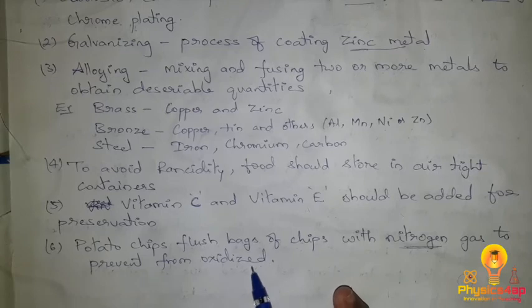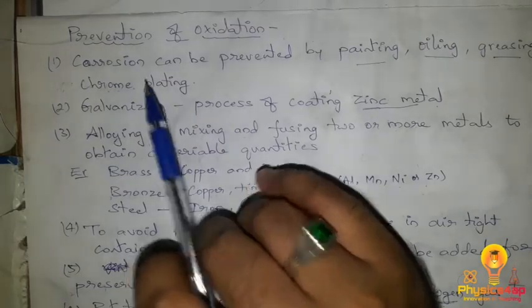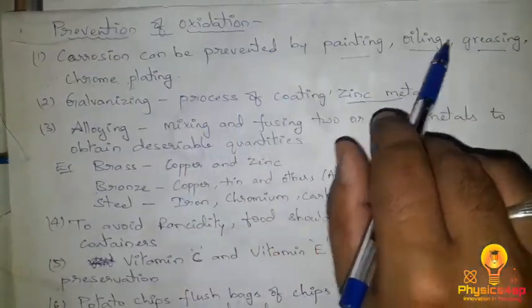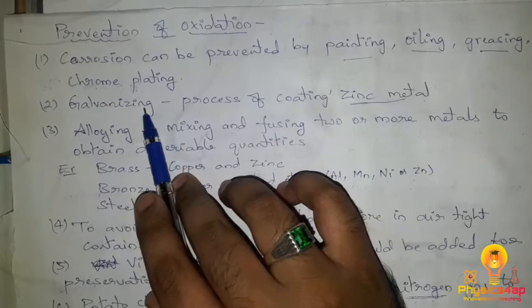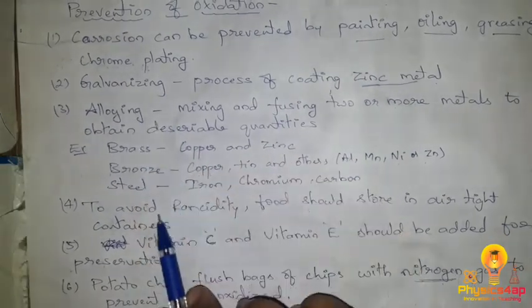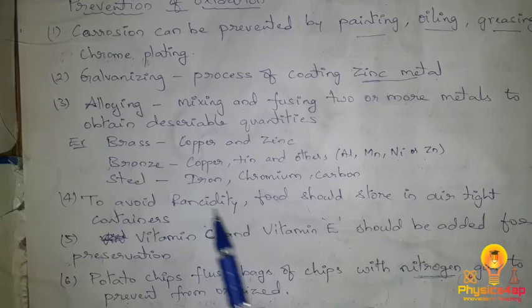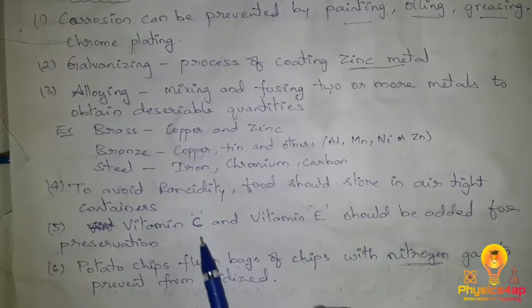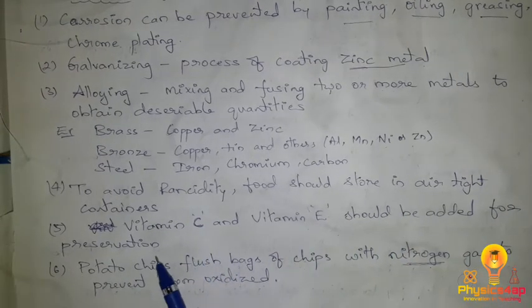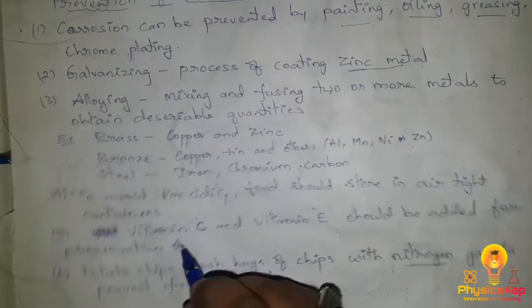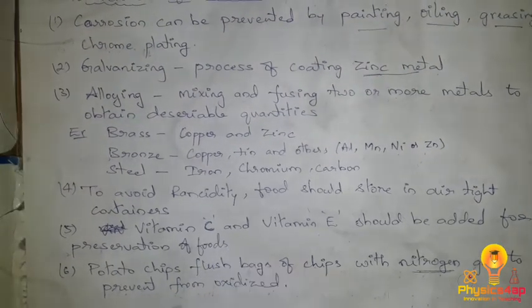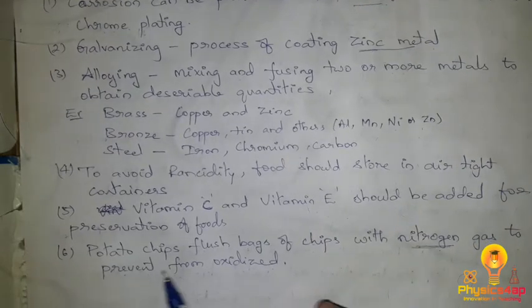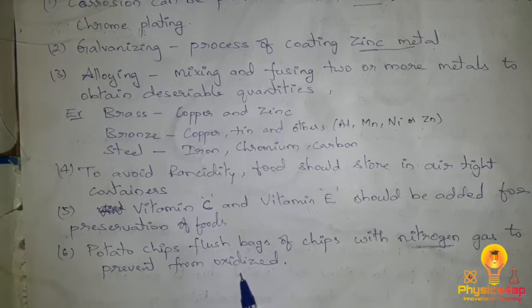So these are the preventions of oxidation: painting, oiling, greasing, chrome plating, galvanizing and alloying. Food should be stored in airtight containers, vitamin C and vitamin E should be added for preservation, and in potato chips, nitrogen gas prevents oxidizing.